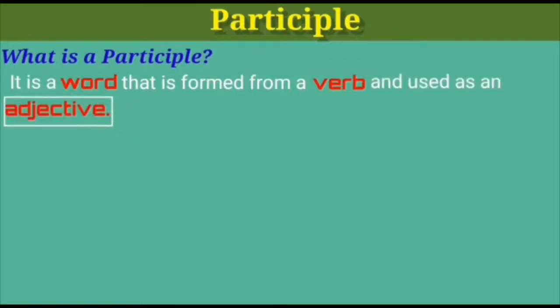These are three elements we need to find out about participle. Number one, it is a word. Number two, it comes from a verb. And number three, we use this word as an adjective.